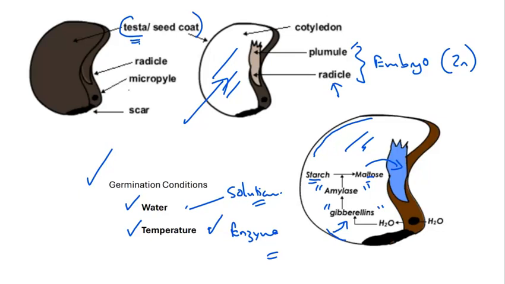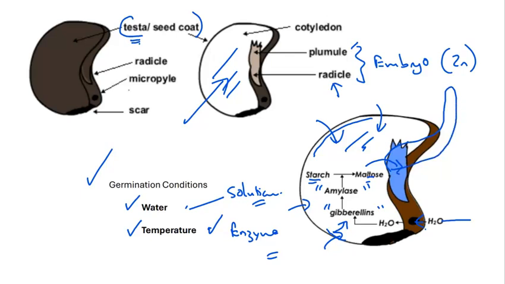The water necessary to create these solutions enters through the micropyle, or indeed through the seed coat, which perhaps by this time has already been abraded and worn down. And the embryo begins to grow the embryonic shoot, which will grow upwards towards the surface.